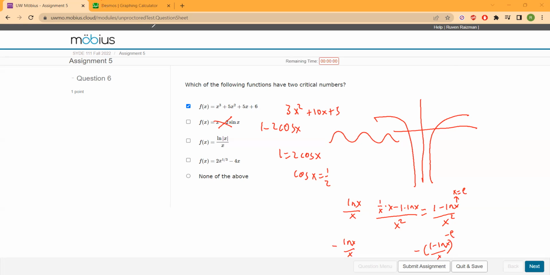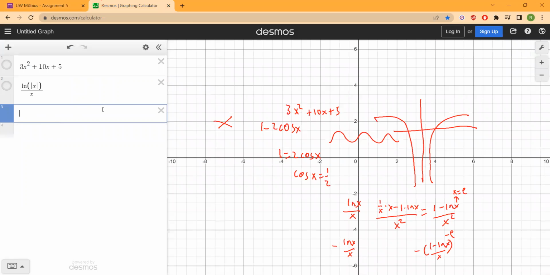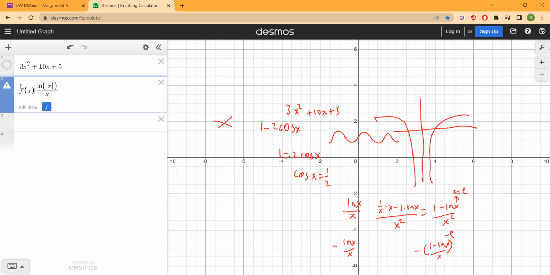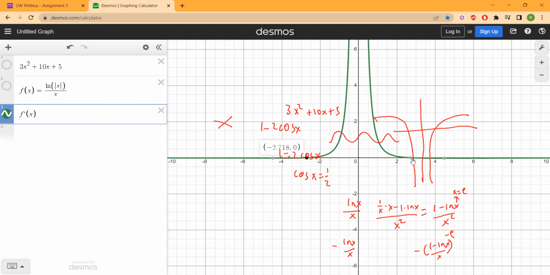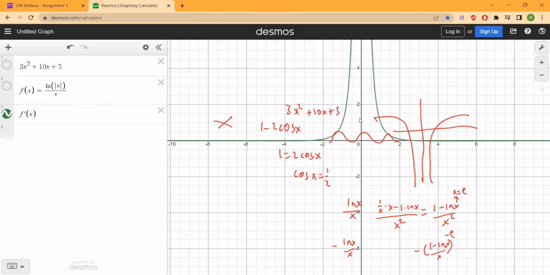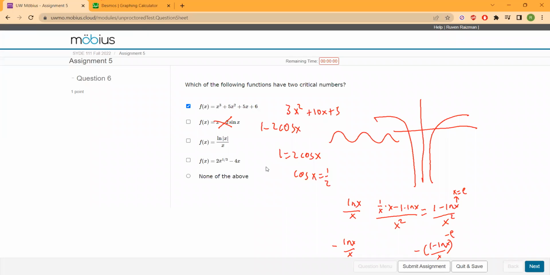So if we actually drew out the derivative, you would see that you would get a couple of those critical points. Let's say this is f at x equals this, f prime at x equals this. We see we have one critical number, two critical numbers, and then the asymptote right over here. This would not be considered a critical number, even though it does not exist, because on our graph, at 0, the function doesn't exist.